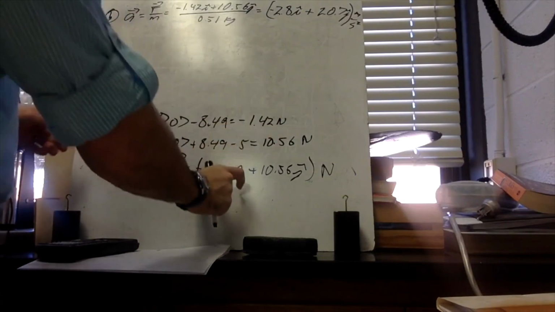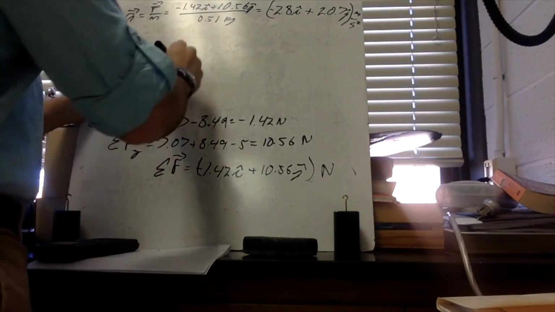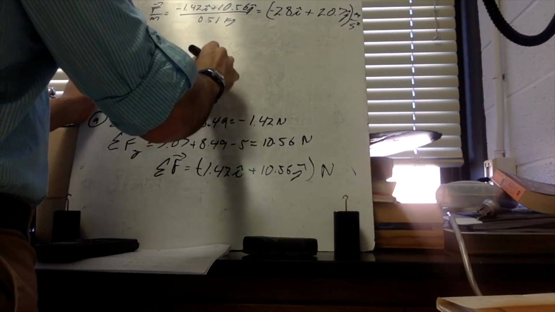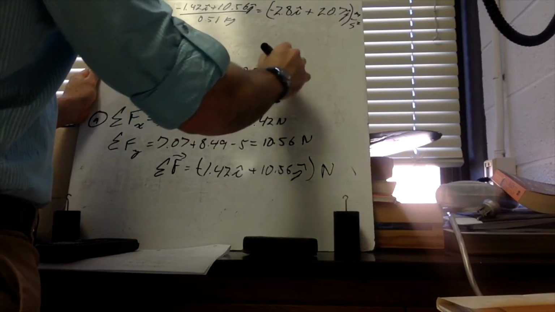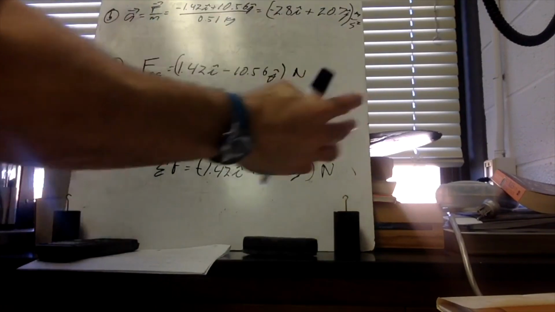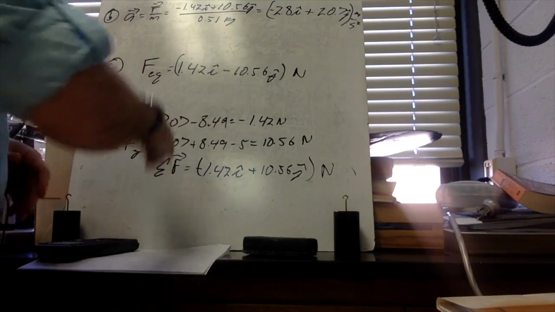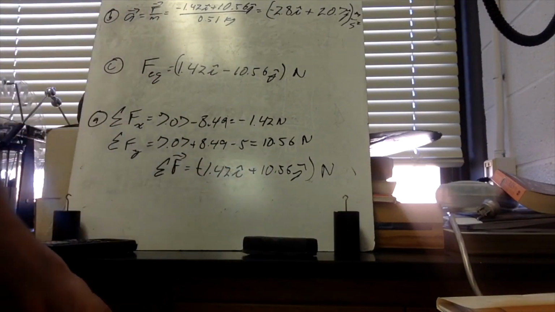The equilibrant force, again, is just going to be, so F_EQ is going to be 1.42 i minus 10.56 j. Again, what this means is if you were to add this force to the situation that's already there, then the whole body would be in equilibrium, and that would result in an acceleration of 0. And I think that's it for this first packet.